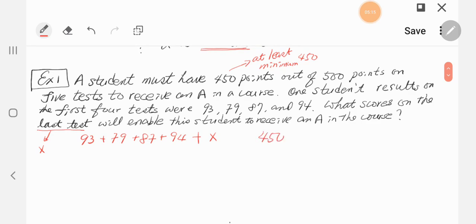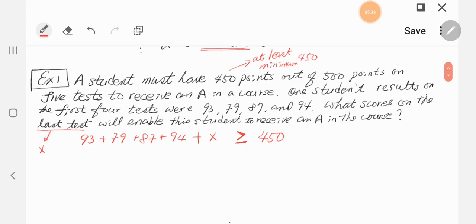That means the minimum is 450, or it's got to be more than 450. So we use greater than or equal to: the total points must be greater than or equal to 450. That's the score you need on the fifth test.